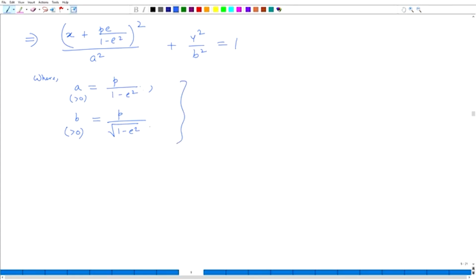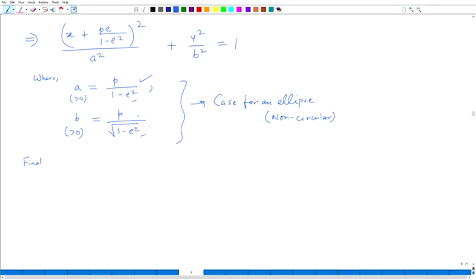So, this is the case for an ellipse, non-circular, I just mentioned that.